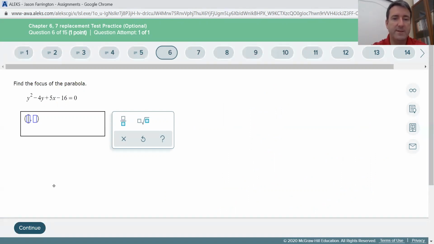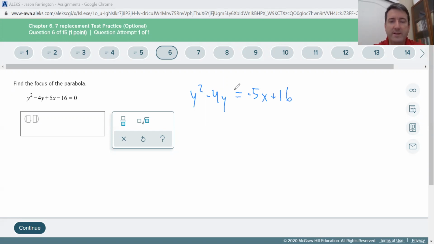So let's write this as y squared minus 4y is equal to -5x plus 16. Now we're going to need to get this into some form where we have some expression squared, which means we're going to have to complete the square here.